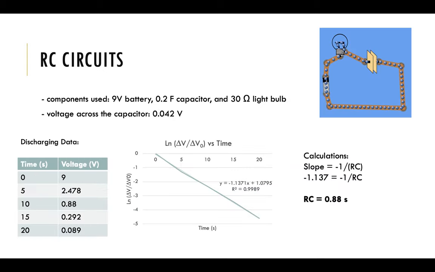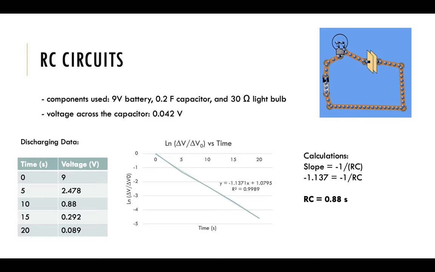In the second example of RC circuits, the components used were a 9 volt battery, a 0.2 farad capacitor, and a 30 ohm light bulb. The voltage across the capacitor was 0.042 volts. I took data every 5 seconds up to 20 seconds for the discharging data and found a linear slope of negative 1.1371 when I plotted the ln of delta V over delta V naught versus time.